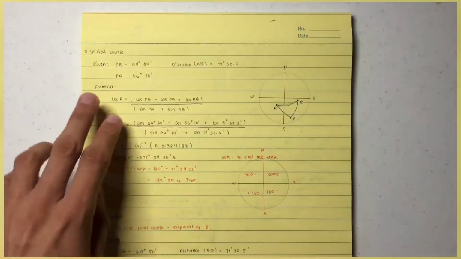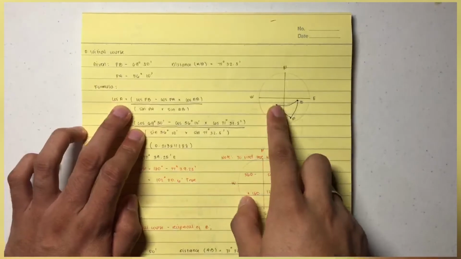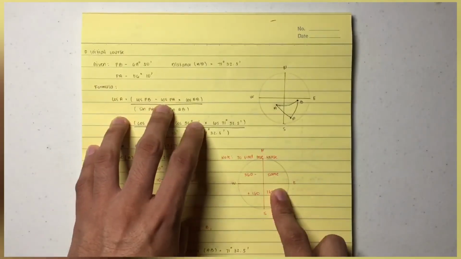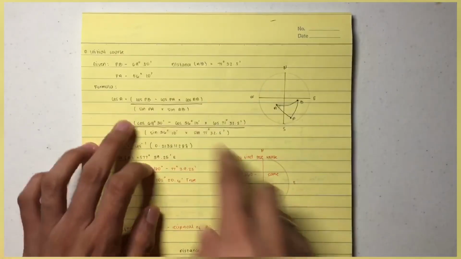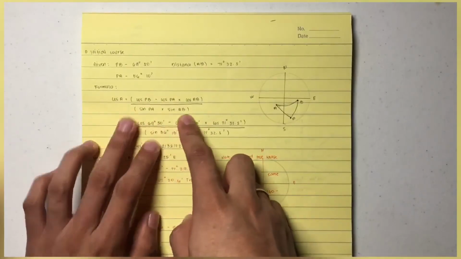The formula for solving the initial course is cosine A equals cosine PB subtracted by cosine PA times cosine AB, divided by sine PA multiplied by sine AB.